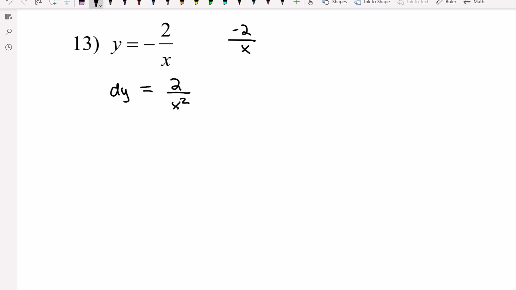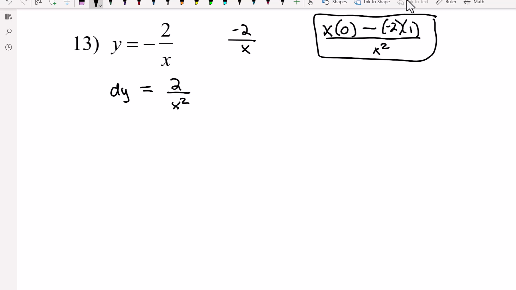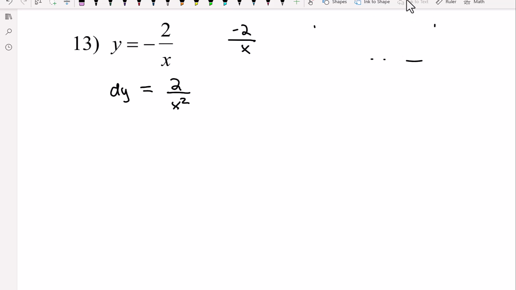I'm going to double check. Yeah, so here is the quotient rule. g times the derivative of f, subtract f times the derivative of g, so subtract a negative, that becomes adding a positive, over g squared. So, okay, that's our dy, and now we tack on dx.